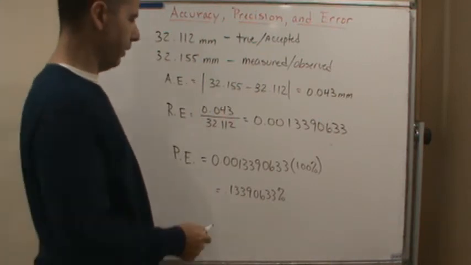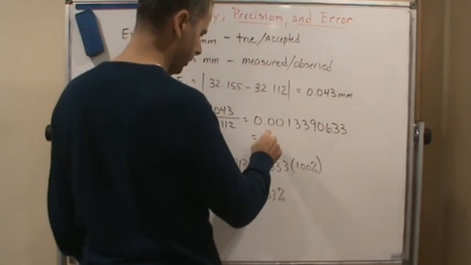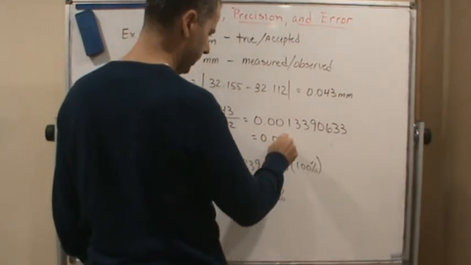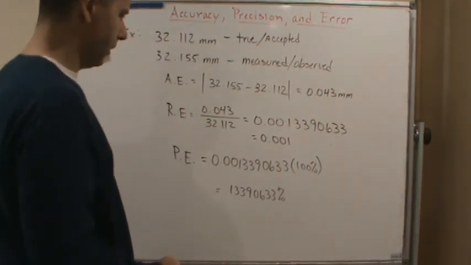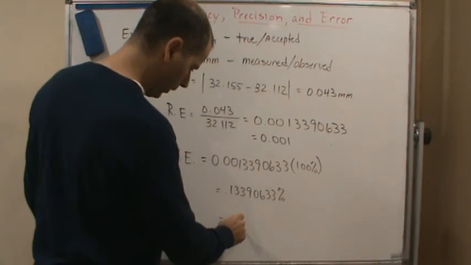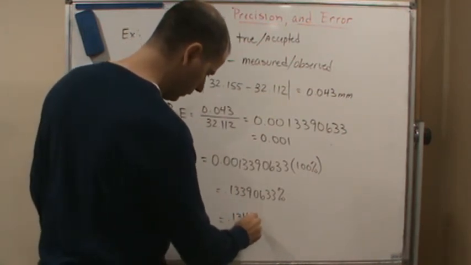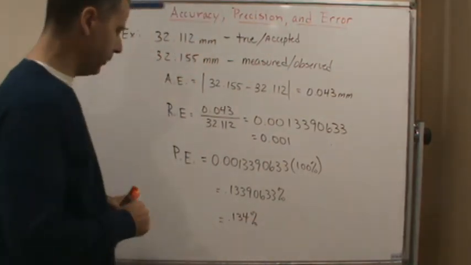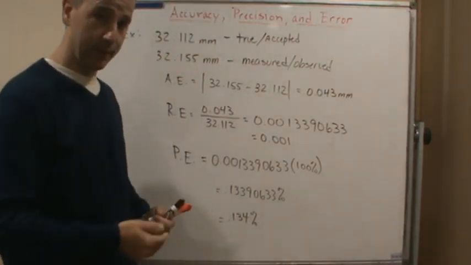Here we got a rounded number, so we would round this to 0.001, and this would be rounded to 0.134%.